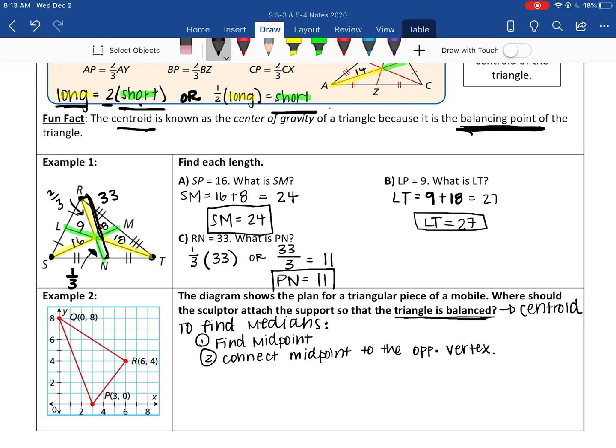And I'll show you what I mean by that. Okay, so first let's find the first median. So we're going to find the midpoint of RP first. So remember, your midpoint is x2 plus x1.